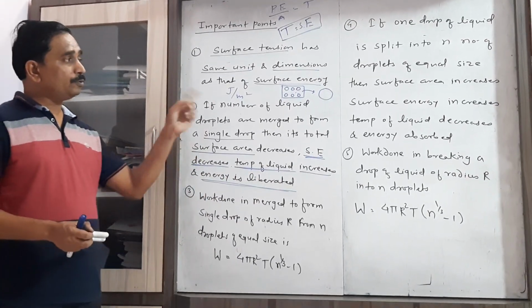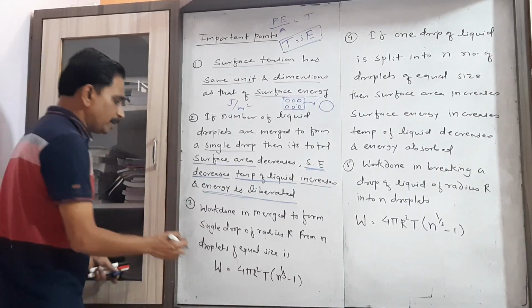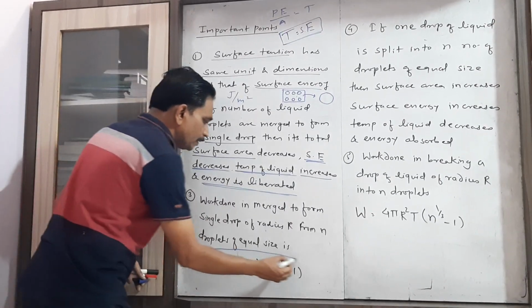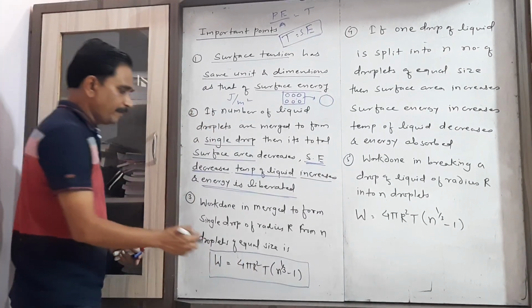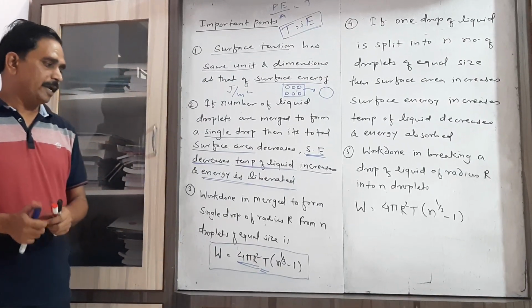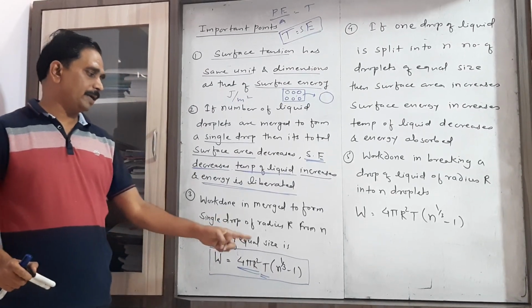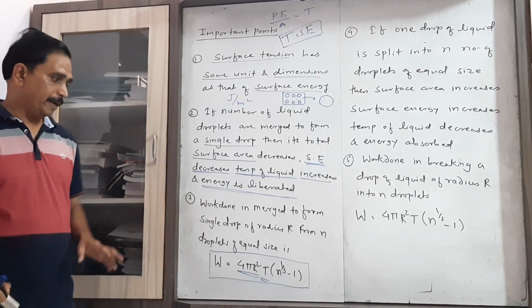Now in order to do this process, we have to perform certain work, and this work done is given by the formula: work done equals change in surface area, 4 pi r square, into surface tension, in bracket n to the power 1 by 3 minus 1, where n is the number of droplets.